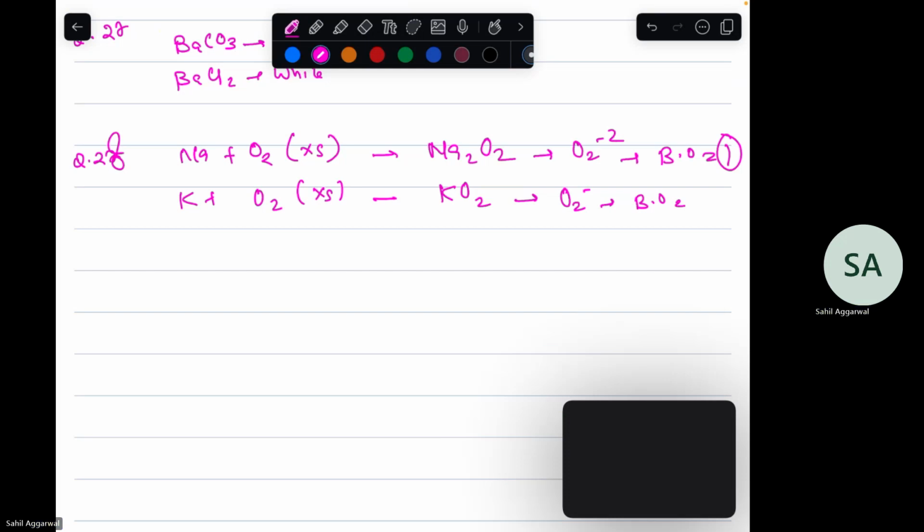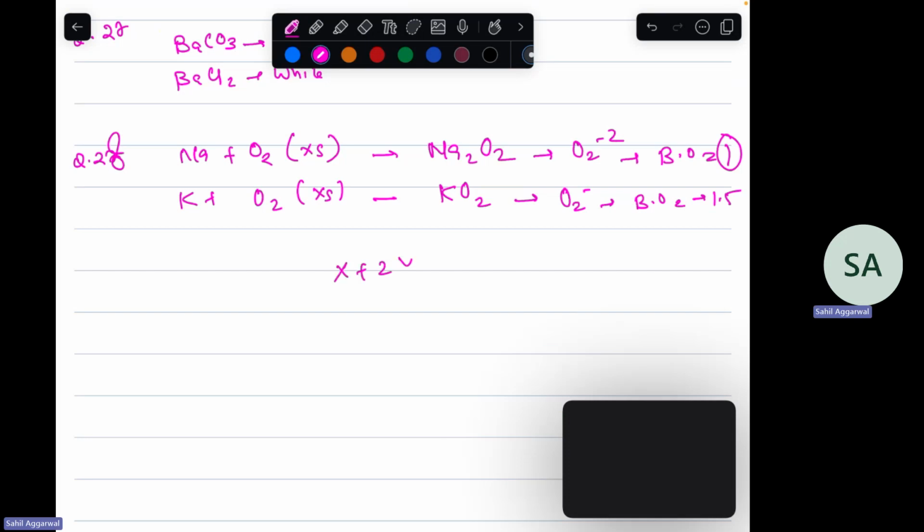Superoxide. This should be 1.5, bond order should be 1.5.